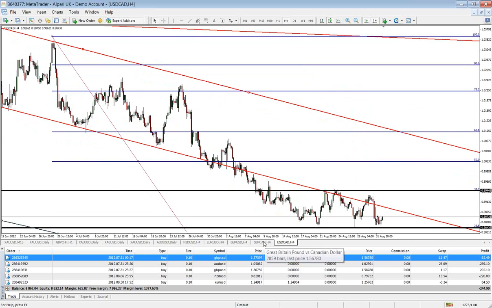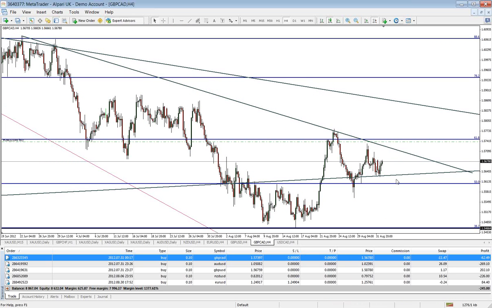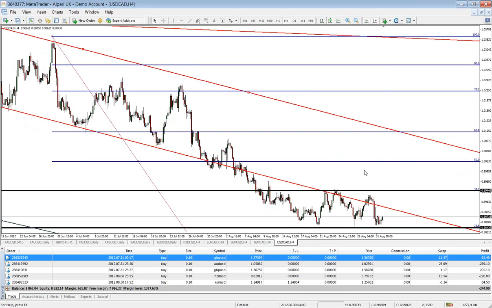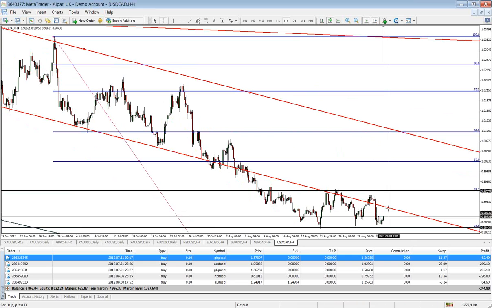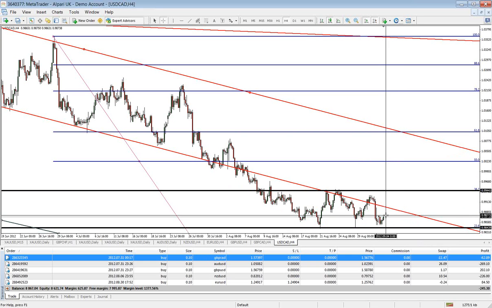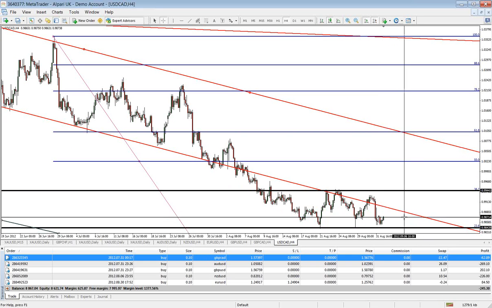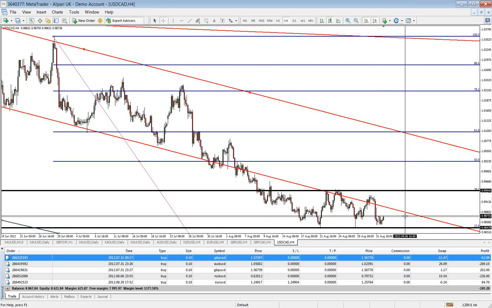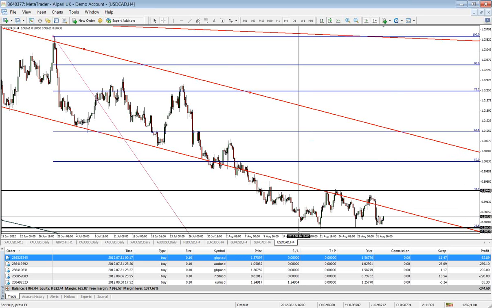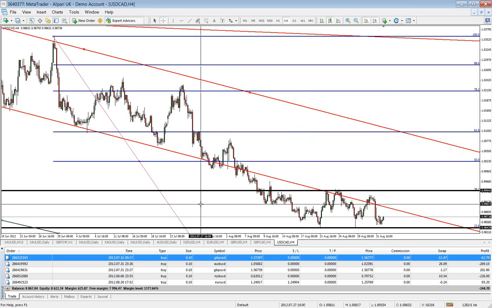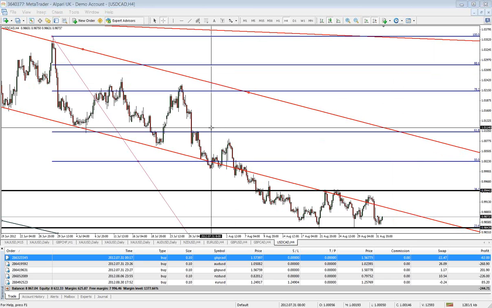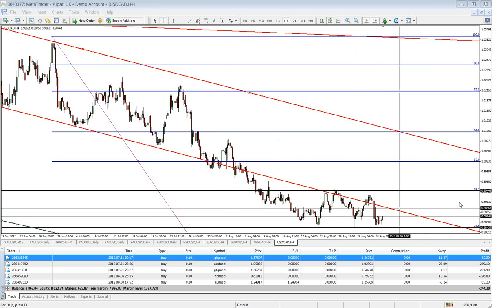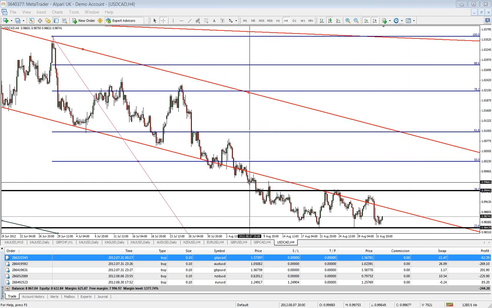A slight uptrend is possible due to the weakness of the Canadian dollar, but overall probably range trading, and you can maybe try catching some opportunities up and down. A ranging market is very good for catching lows and tops, to buy and sell quickly and exit the market quickly as well. So these are also some opportunities which you might want to try catching, at least on a demo account.